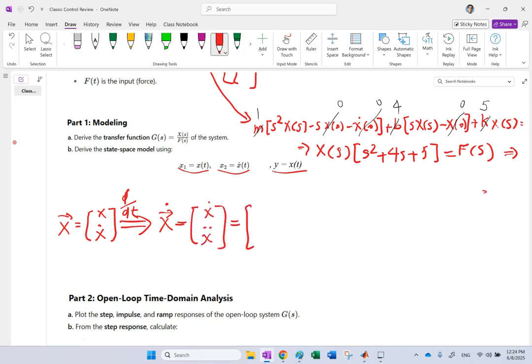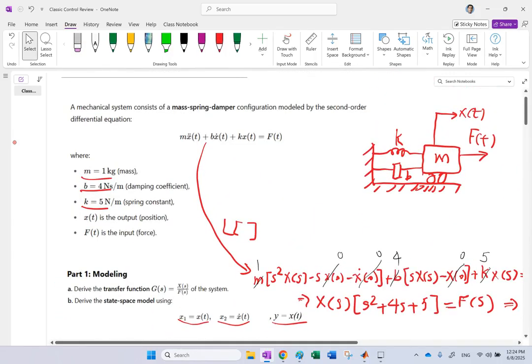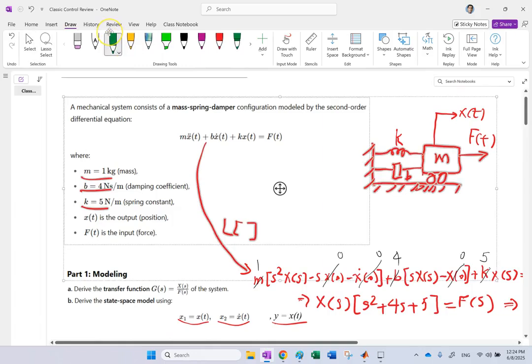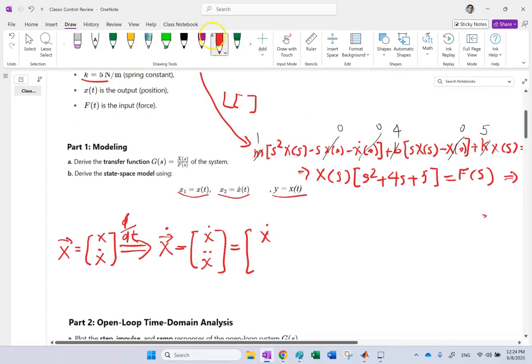For x dot, we just write it as is, but for x double dot, we go back to the original ODE and solve for x double dot. So I plug in the numbers here, and if you do that, it is going to be f of t minus 4 x dot minus 5 times x, and that is exactly what I'm going to put down for you here: negative 5x, negative 4x dot, and plus f.